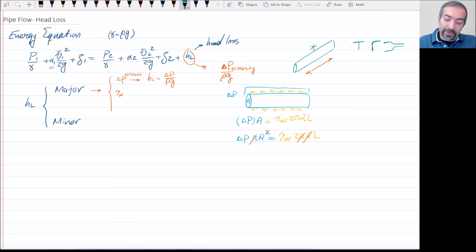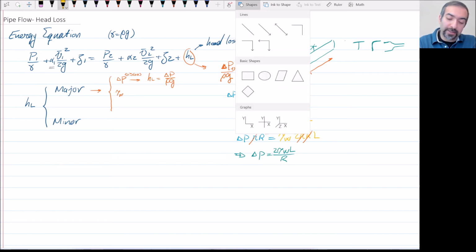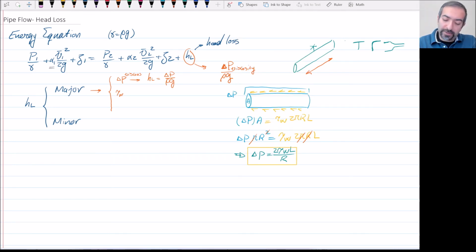Therefore delta P is equal to 2 tau W L over R, and that's going to give me the delta P. Now, this is a good result, so it deserves a little box.